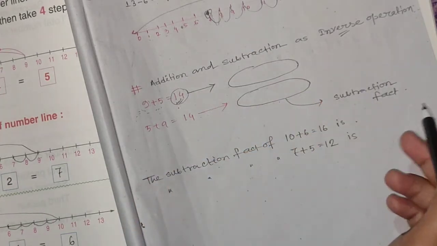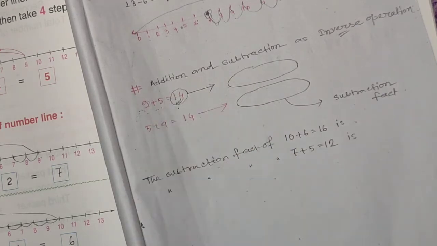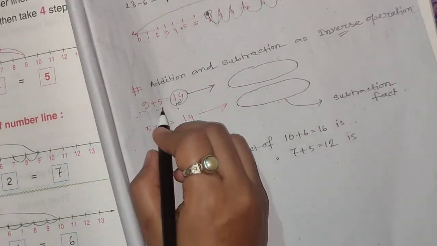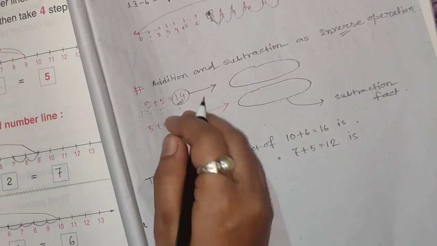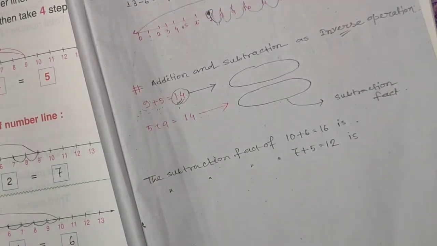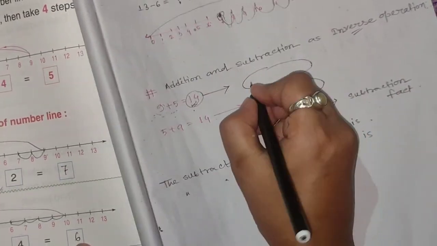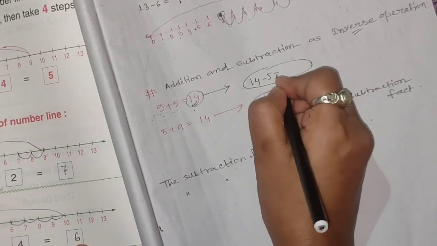Any two numbers, if we add them, we will get a value. If we subtract any one of the numbers from that value, we will get the other number, obviously. So 14 minus 5 is 9.